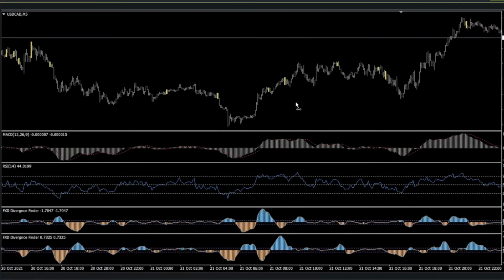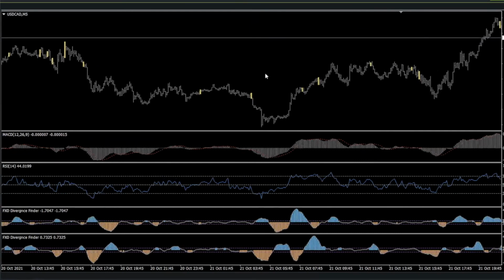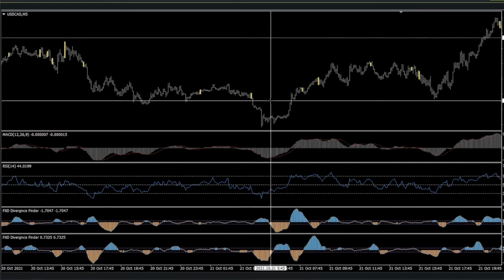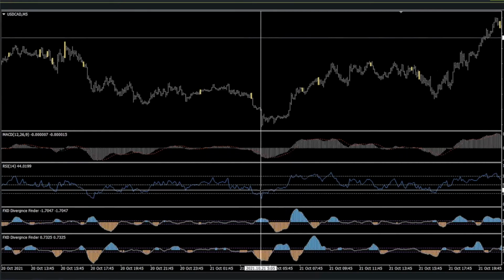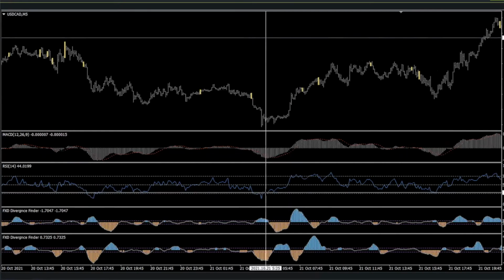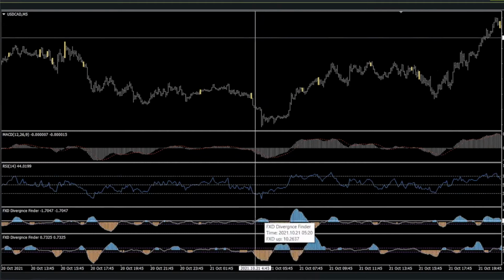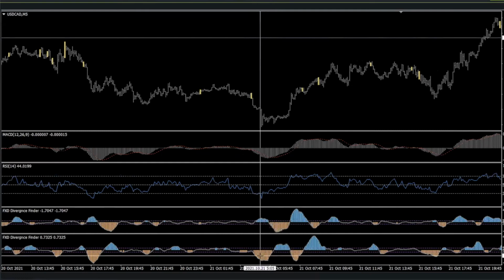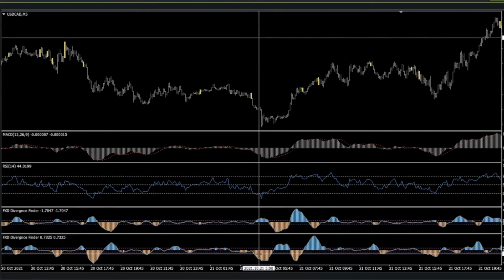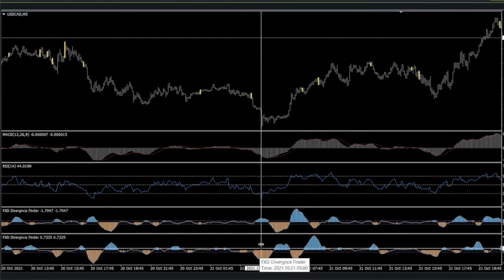Now, let's give you another example. For example, here the MACD didn't find anything, the RSI didn't find anything. However, this indicator is giving us, in a downtrend, we're starting to see a divergence. The lower one is for the downtrend, the upper one is for the uptrend.